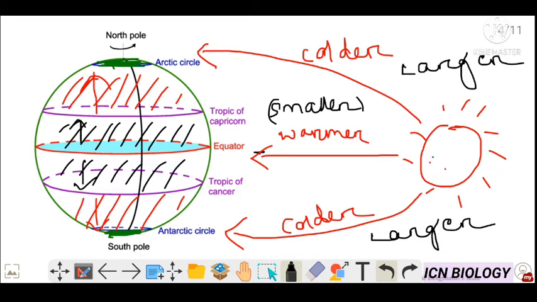That means the organisms present in the polar region or colder region are larger in body size, and the organisms present at the equator or tropical region have a smaller body size.